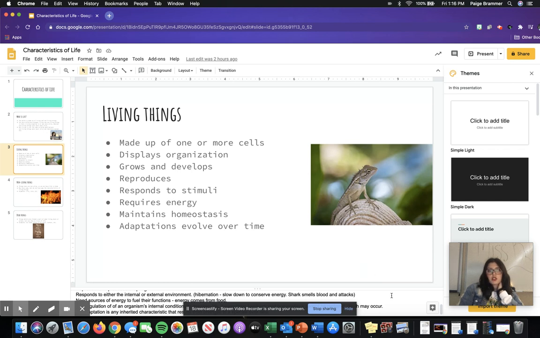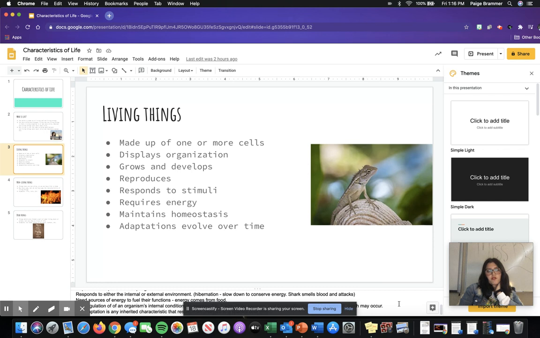Living things also respond to stimuli. So, what that means is we have both internal and external environments, right? External environments are things that are going on in the world around us, and internal environment is things that are taking place inside of our body.